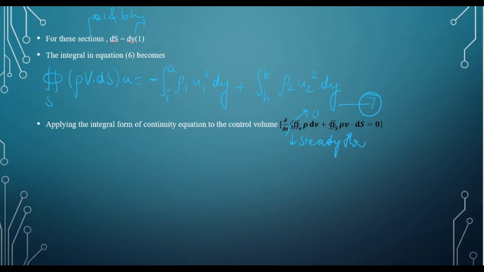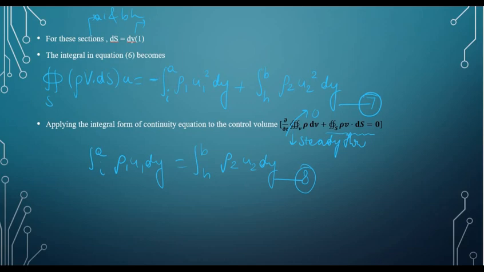Then I am left with the surface integral of rho v dot ds equal to 0, which is my equation 7. So I can substitute rho v dot ds here. Upon substituting and solving, we get this equation, our equation 8.